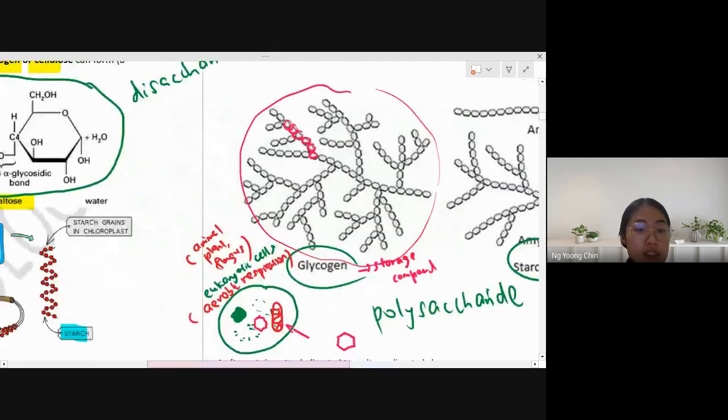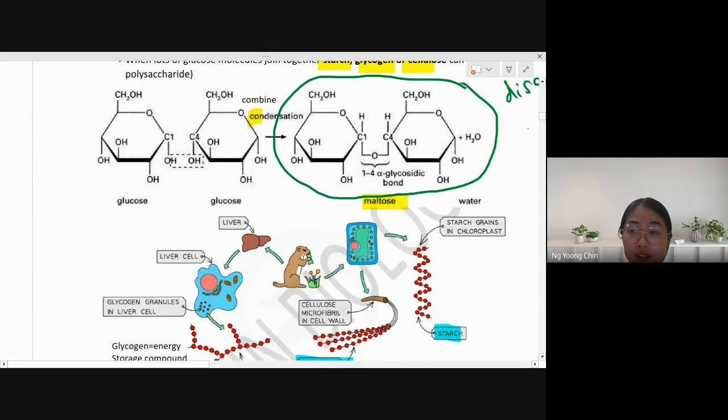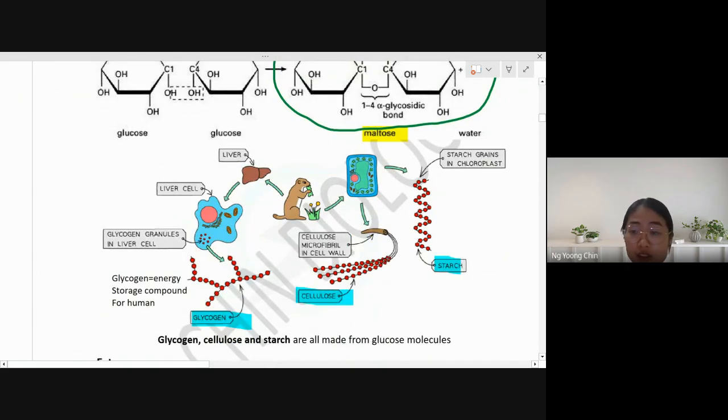Okay, then now we talk about starch. Yeah, this is starch. Starch is found in plants. For glycogen, it is usually found in animals like us, like dogs and cats.